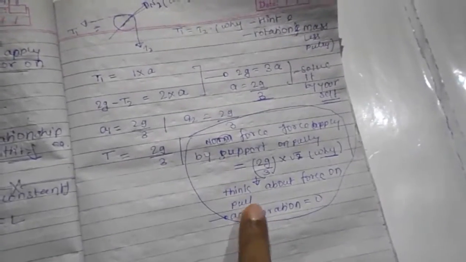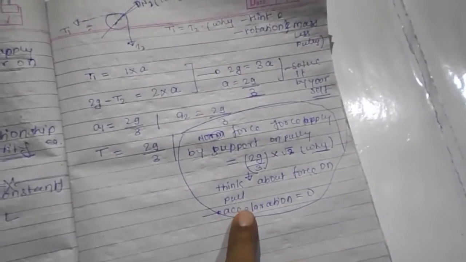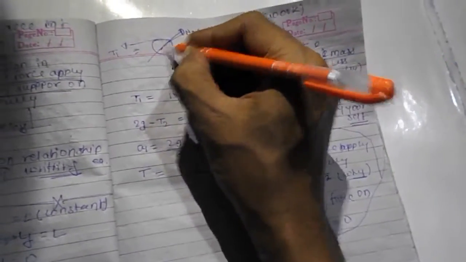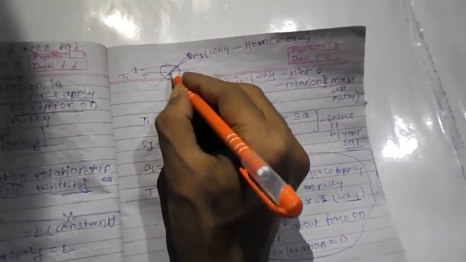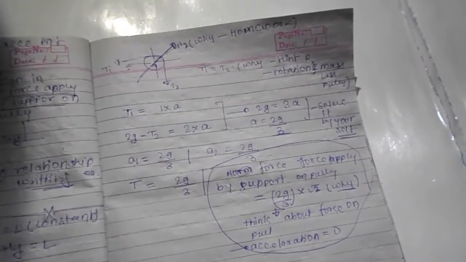You should do this by yourself. Think about the acceleration of this pulley, it is 0, because this pulley is not moving in this direction, in that direction, in any direction. So the acceleration should be 0.